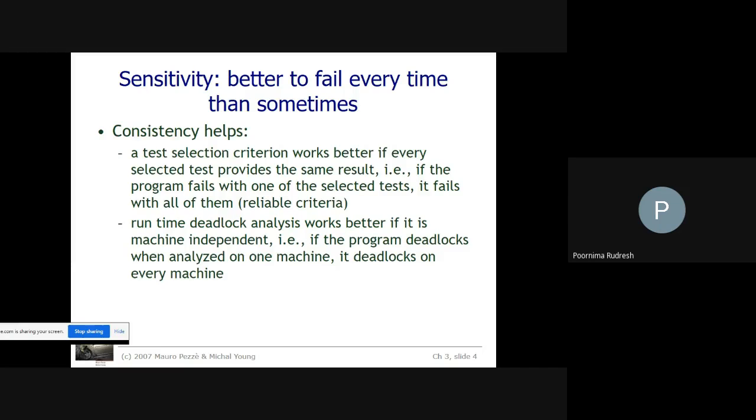For example, if the fault is detected during integration testing, then the correction cost is more, it is costlier, because it is already at the integration stage.